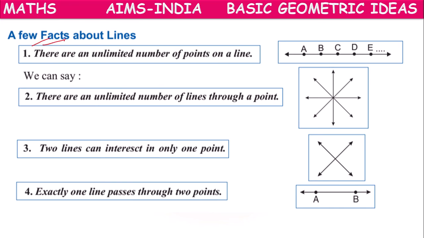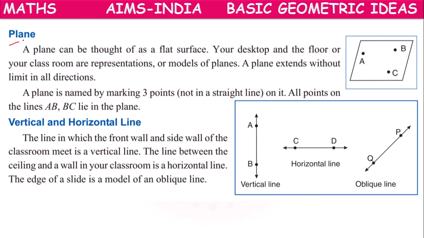A few facts about lines, children. One line can have an infinite number of points. Through one point, we can draw an infinite number of lines. Two lines intersect only at one point. Between two points, we can draw only one straight line. A plane, children, is a flat surface.